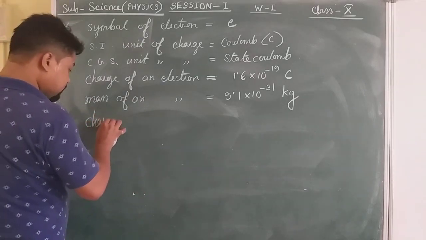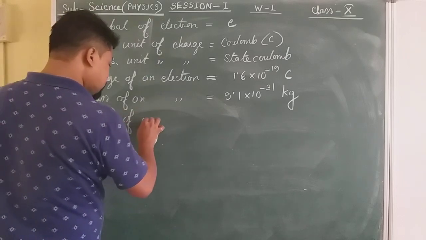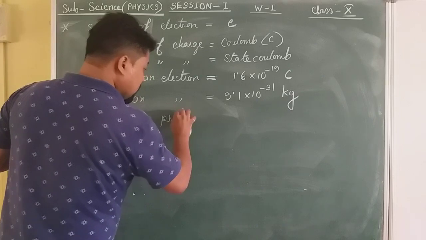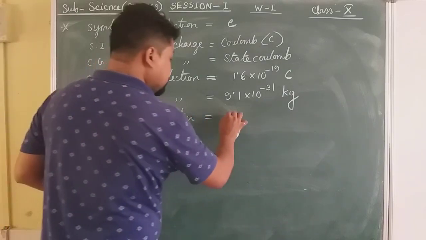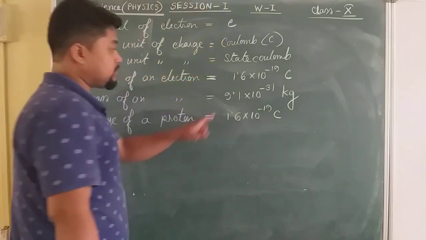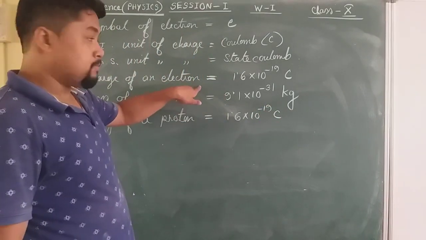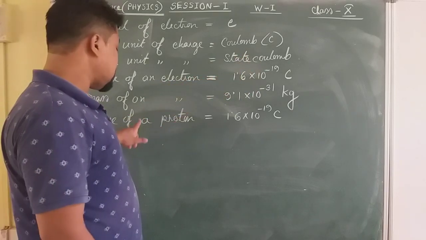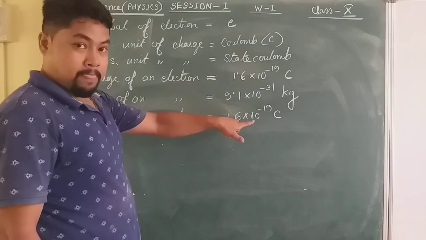Similarly, charge of a proton is 1.6 into 10 to the power minus 19 coulomb. Same as that of an electron, but the electron is negative charge, so minus 1.6, and the charge of a proton is plus 1.6.